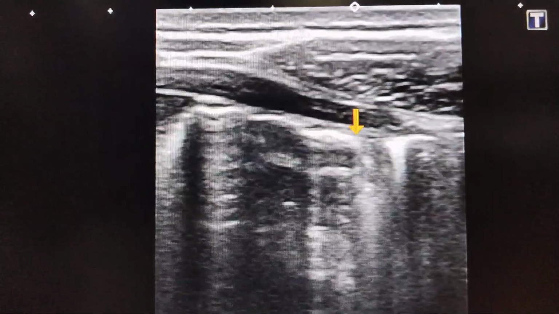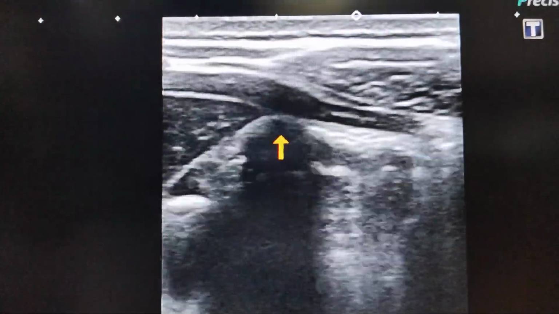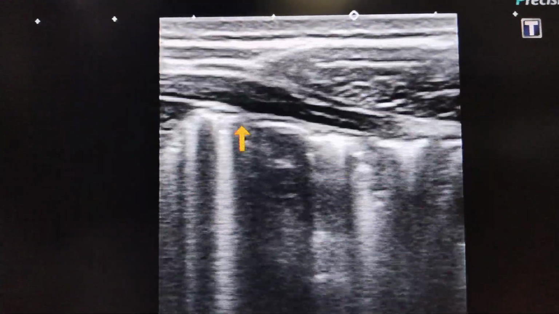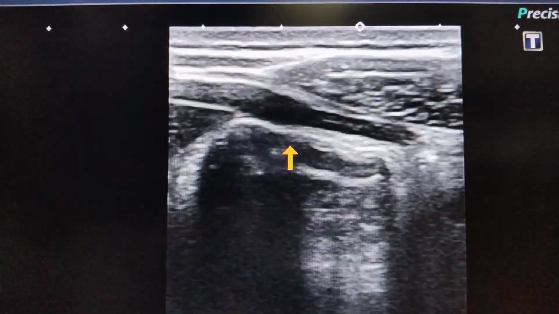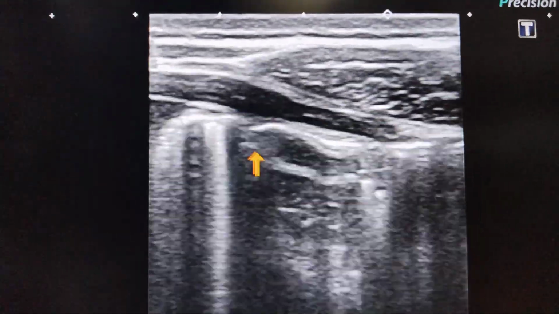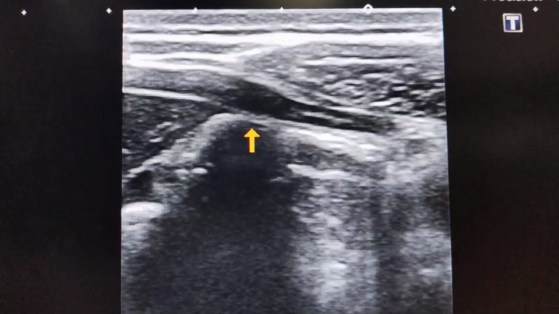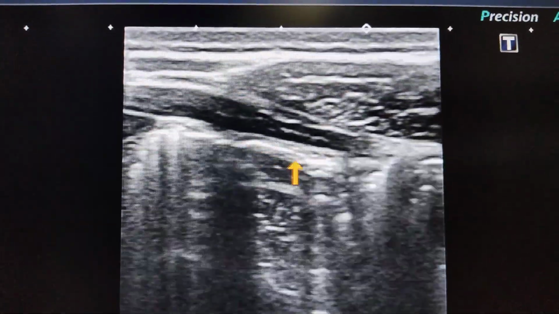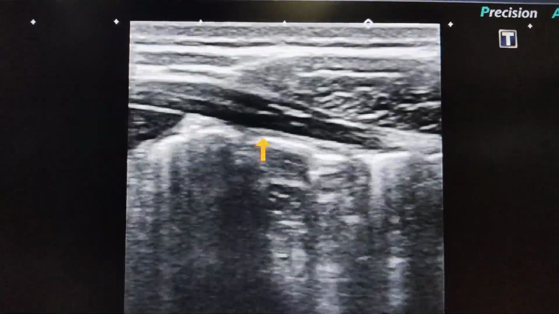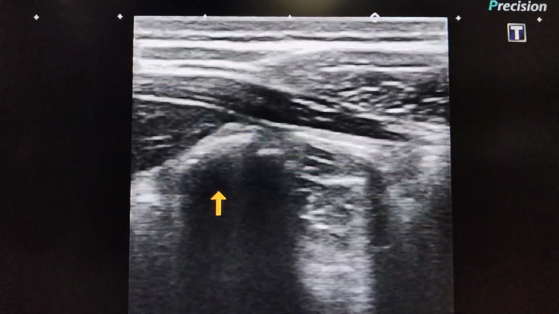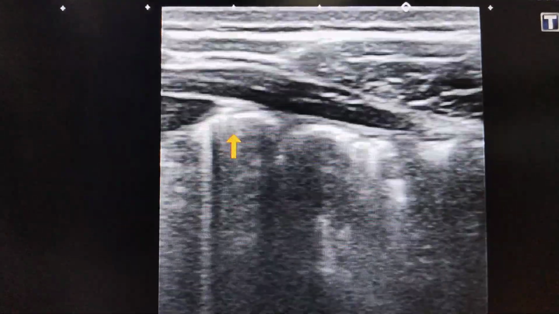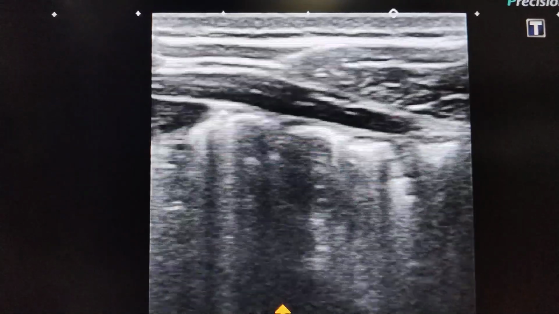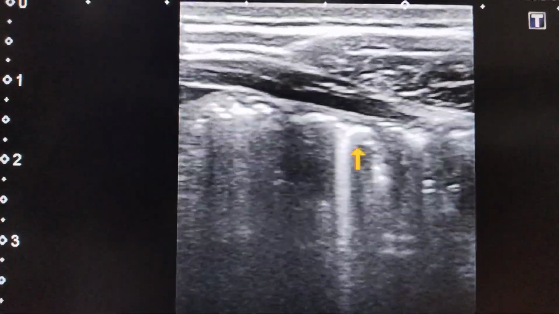Here we can appreciate this large segment of the large bowel. And this gap which we feel, this one and this one, these are the haustra of the large bowel, and these fossae are echogenic with posterior shadowing.